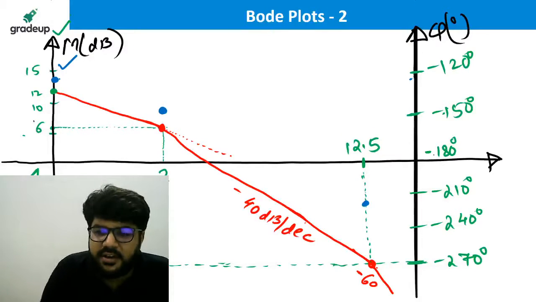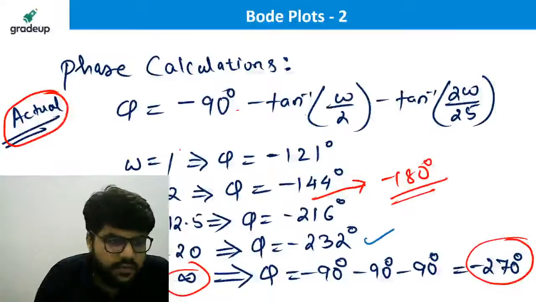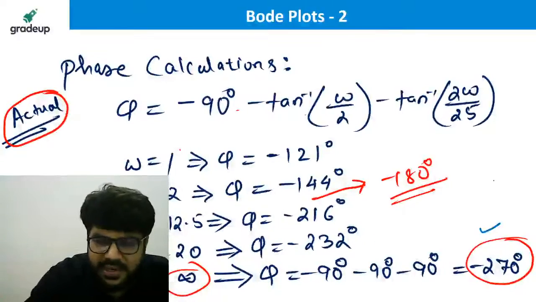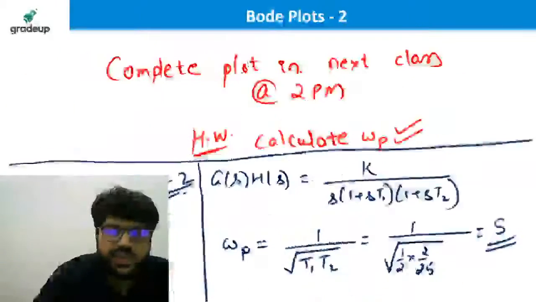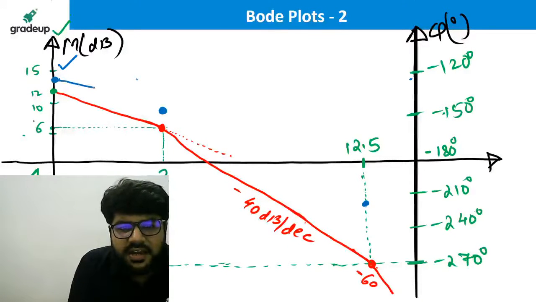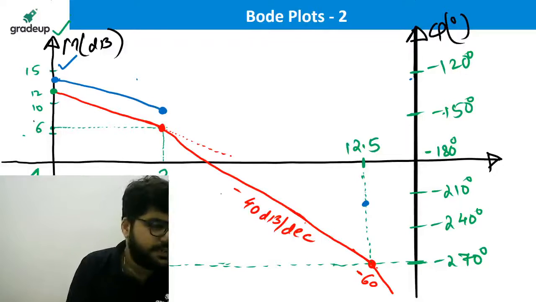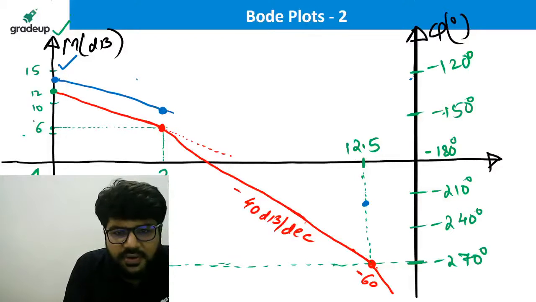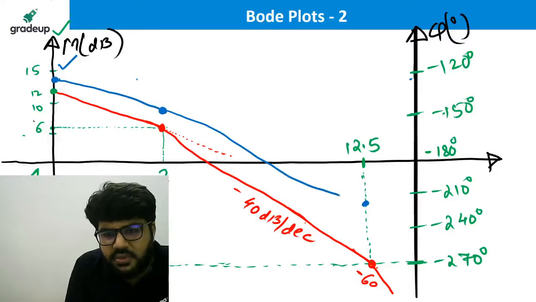Next is 232. Finally going towards minus 270. So what I will do is draw a freehand curve joining these points. First two points, then take it towards the next one, and then finally take it towards minus 270.